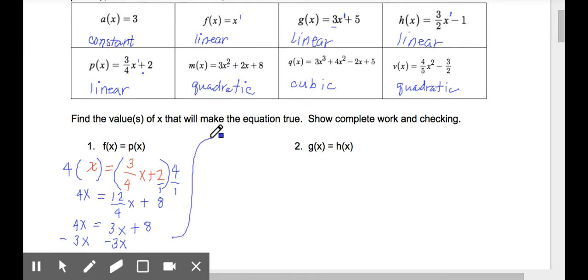Let's bring it over here. So 4x minus 3x is x equals 3x minus 3x is 0. Then we bring down the 8 and we got the answer. X is equal to 8.